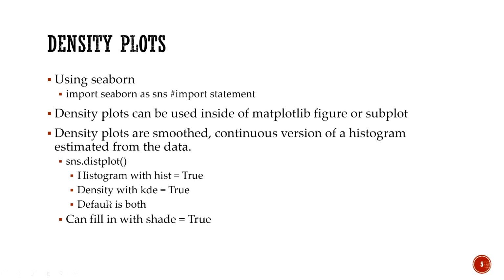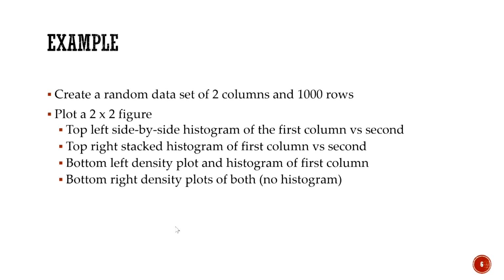If you want to go with density plot, then kde equal to true. By default, both are true. We can also fill in with shade. So shade equal to true, and then you fill in the density plots. So you are going to see an example, then it makes better sense.